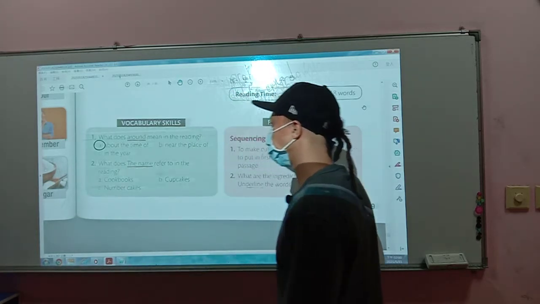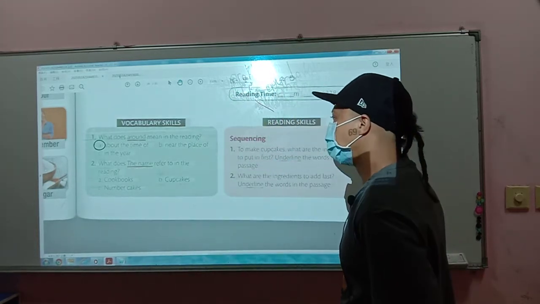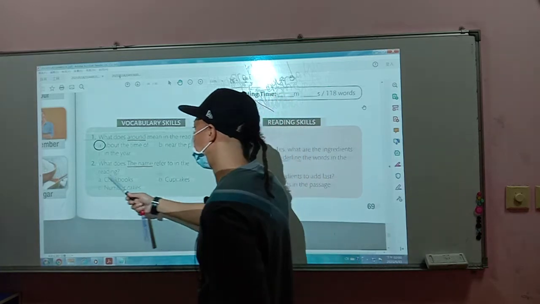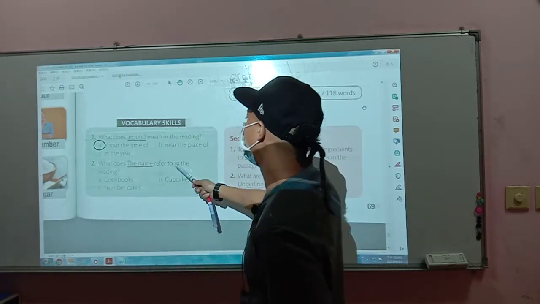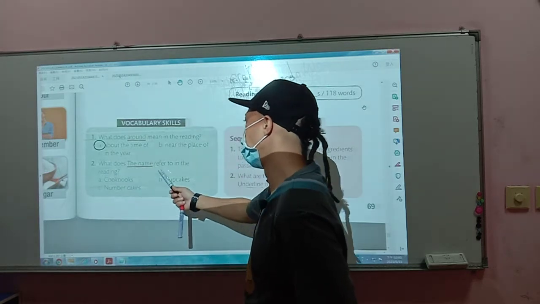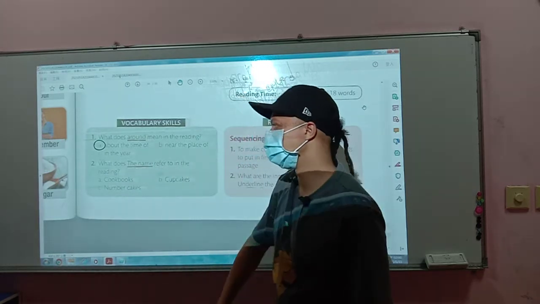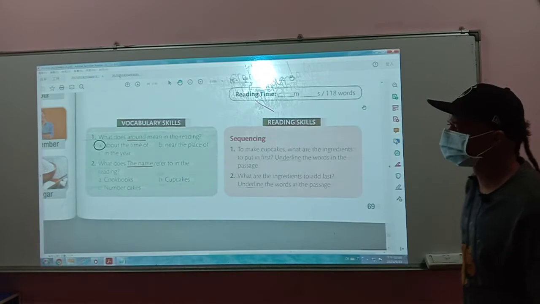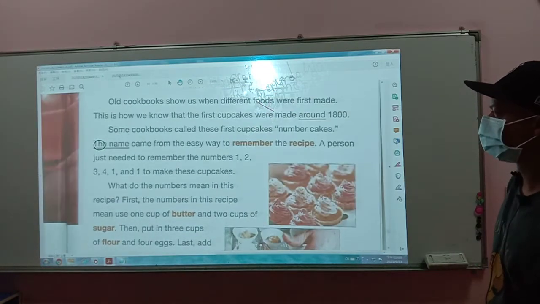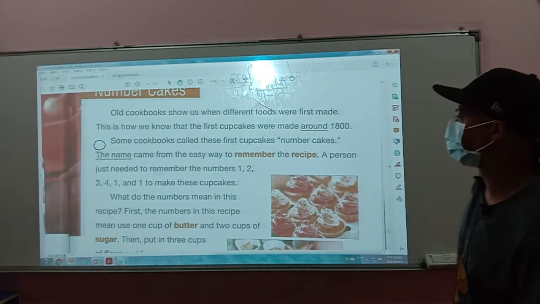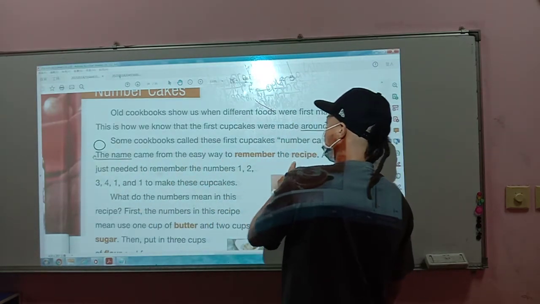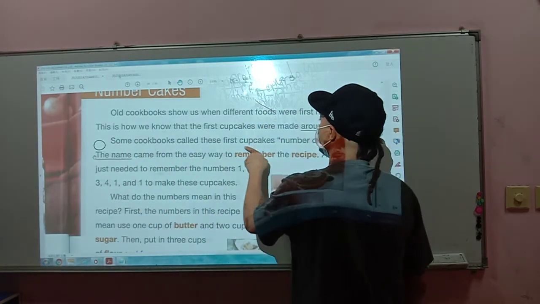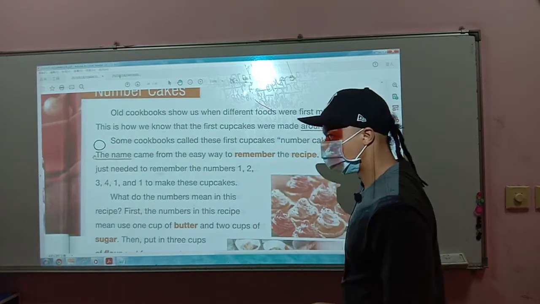Number 2, what does the name refer to in the reading? Can we just go to the top? I'm not sure which one that is. We need to find the word the name. All right, so it says some cookbooks called these first cupcakes number cakes.